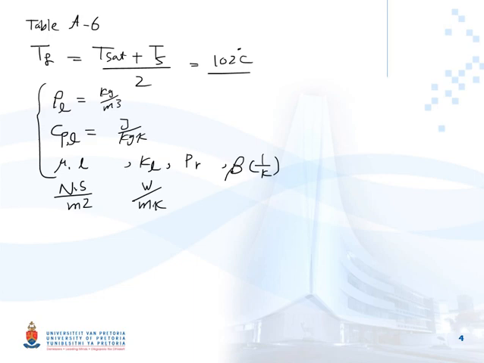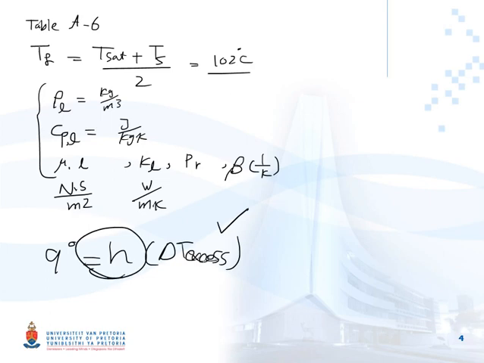Now, natural convection. How are we going to do it? It looks complicated. No, it's very simple actually. Why? Because in order to find the Q dot, you need to have the h, since the delta T excess you already have. So if you find h, you are set. How can you find h from natural convection?